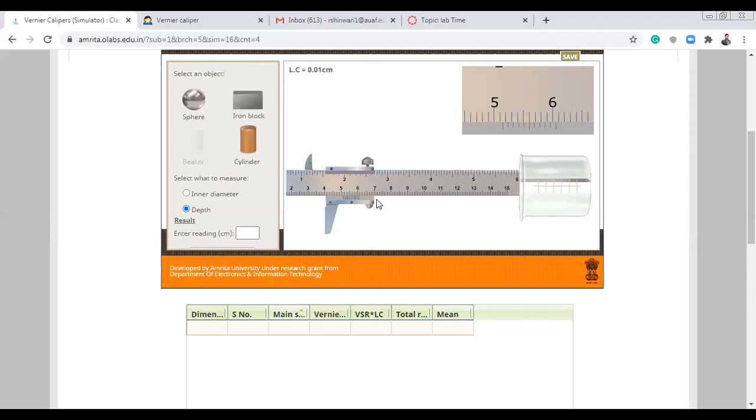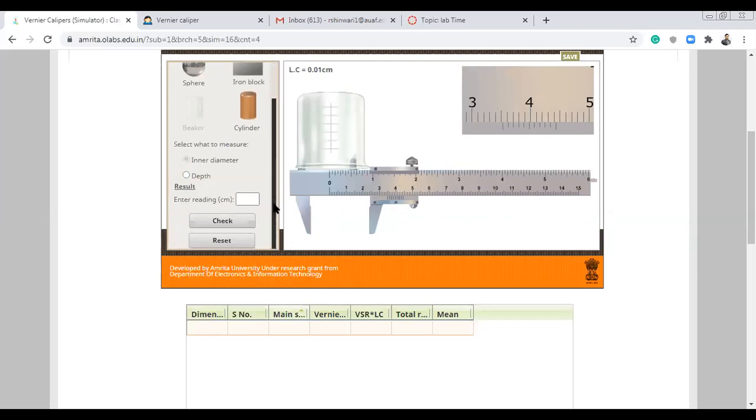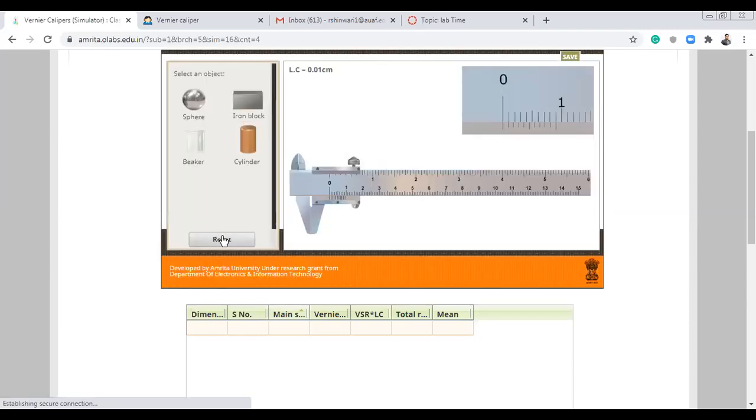But the question is how we can take the observation from this. So for observation, first of all, you need to fix this one. First step, you need to find the error.